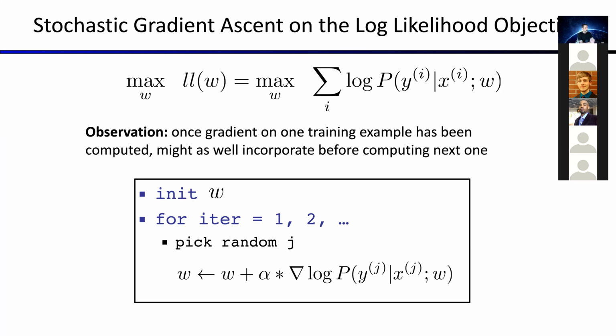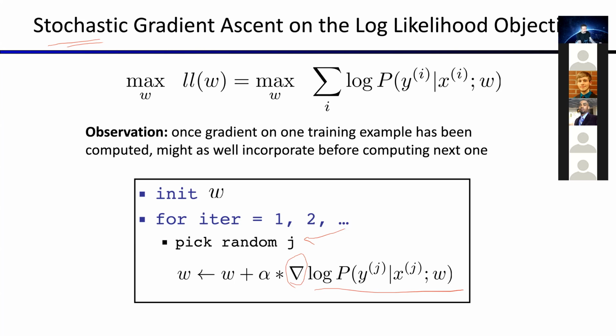And the reason why we call it stochastic here is that instead of calculating this log likelihood or gradient with respect to this conditional probability for all examples in your training set, you pick some random examples at each iteration, right?